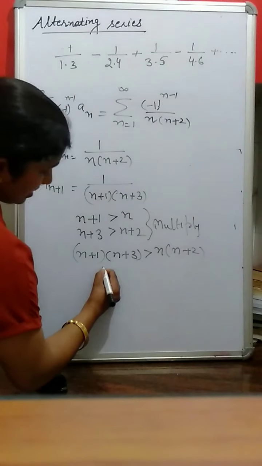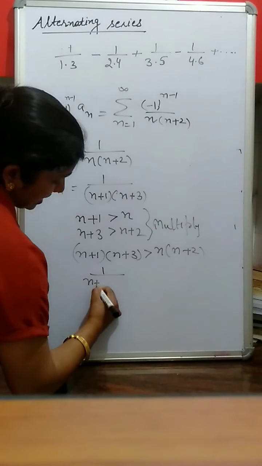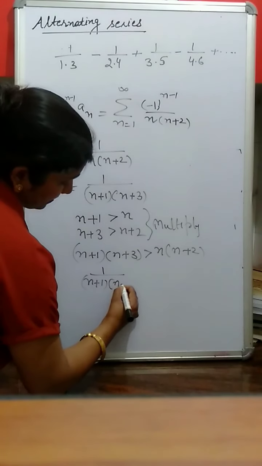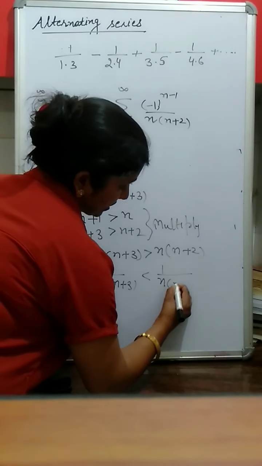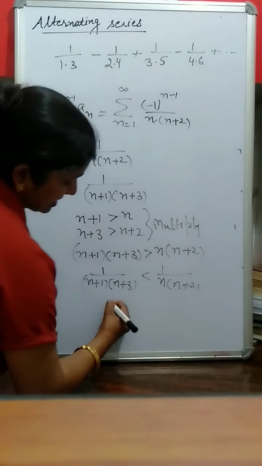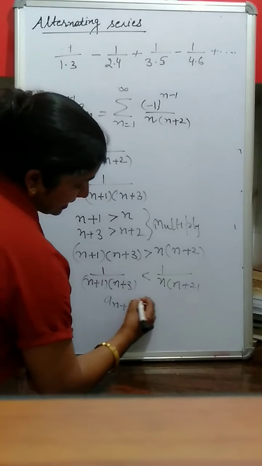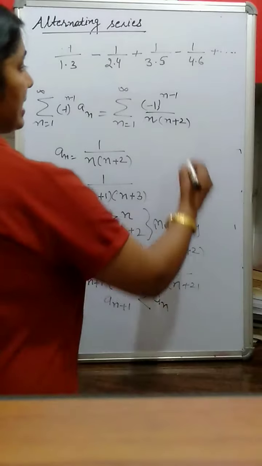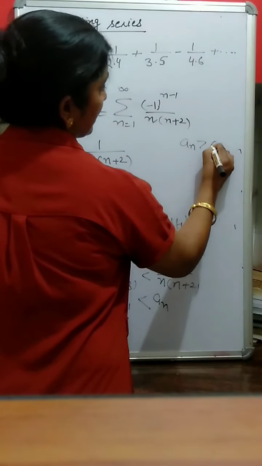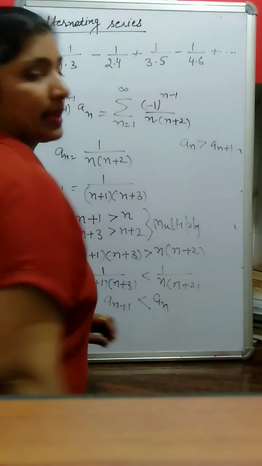Taking the reciprocal, 1 upon (n+1)(n+3) is less than 1 upon n(n+2). That means a_{n+1} is less than a_n. So the first condition is verified, that a_n is greater than a_{n+1}.